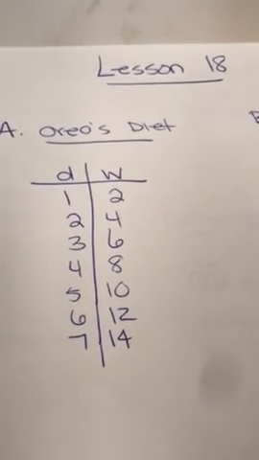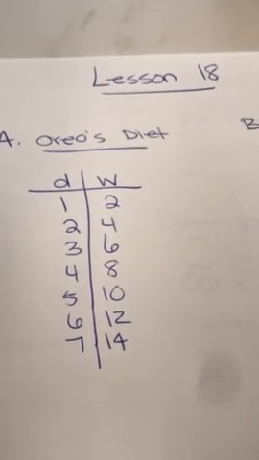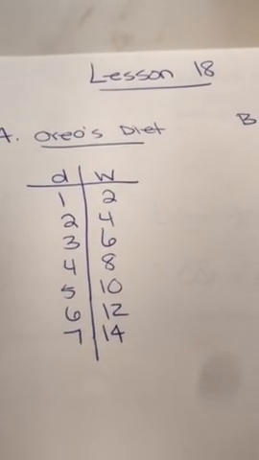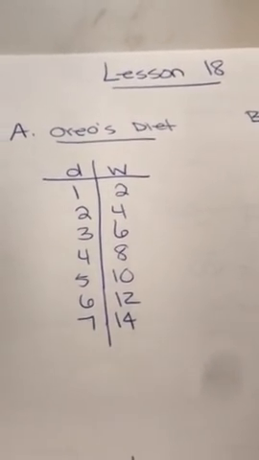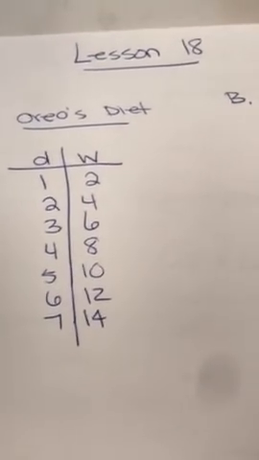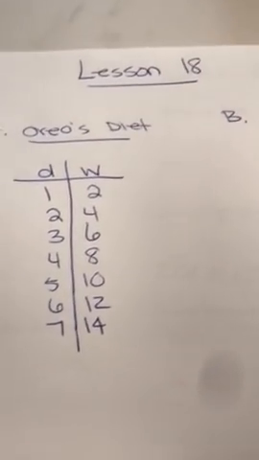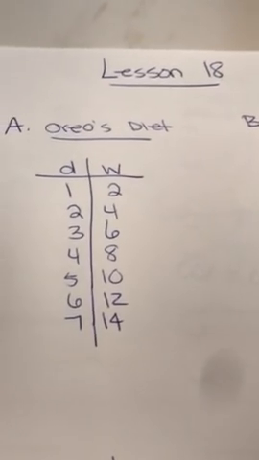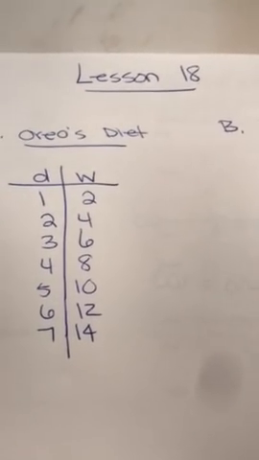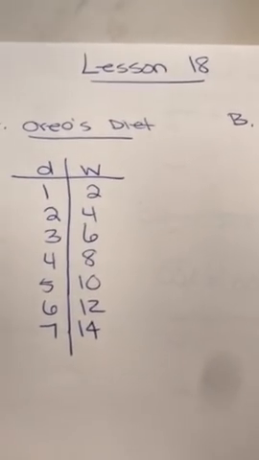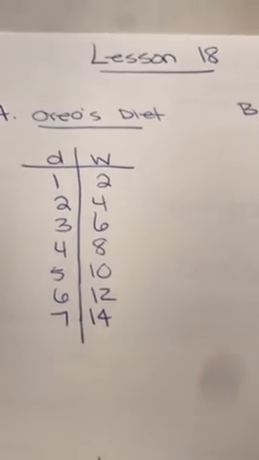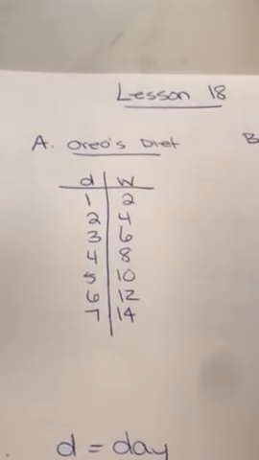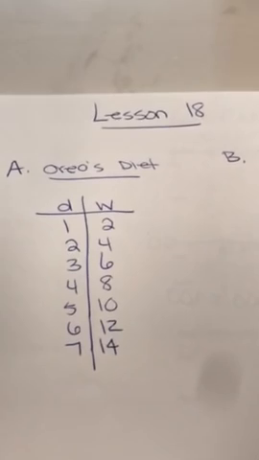What's happening between day 1 to its weight, day 2 to its weight, day 3, day 4? You should see a pattern happening. If you are recognizing that you are doubling, or timesing the day by 2, it's going to equal your weight number. So for Oreo, that's what you should have recognized.